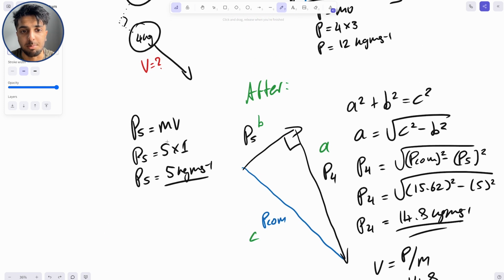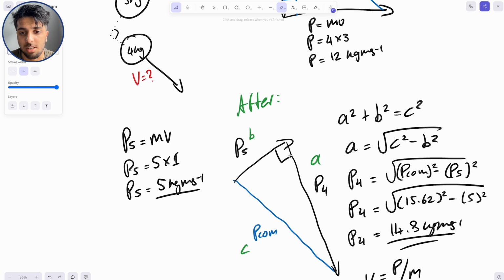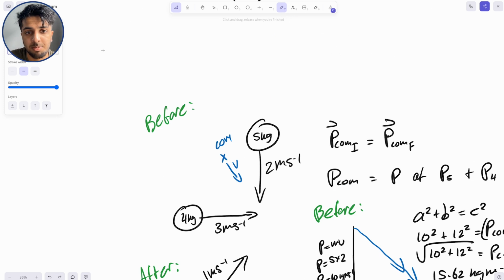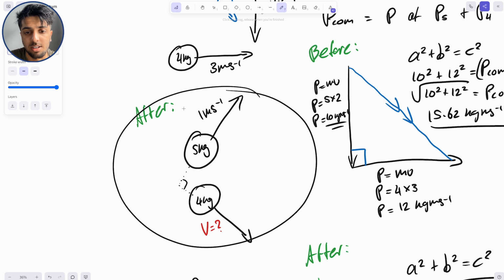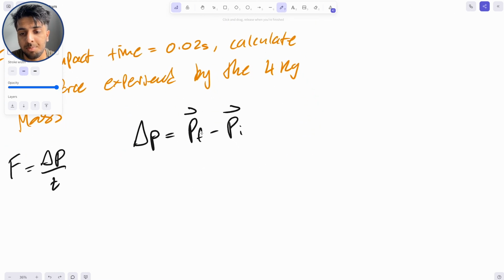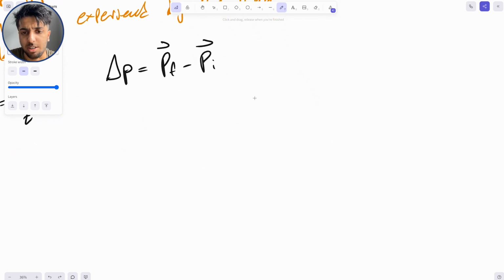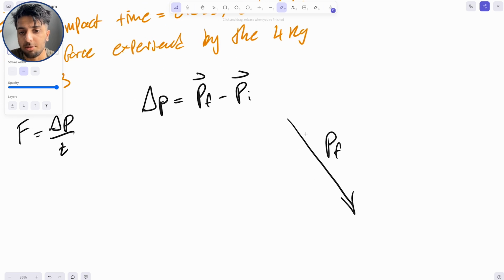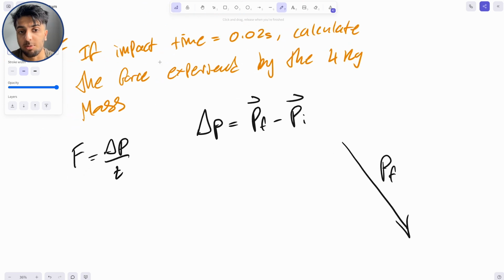So if we look back at part 2, this question, we have the final momentum of P4, which is coming down this way, which is obviously from here, that is the after scenario. And so we can draw that in. This is our P final, because we're only dealing with the 4 kg mass, so that's our final momentum of the 4 kg mass.